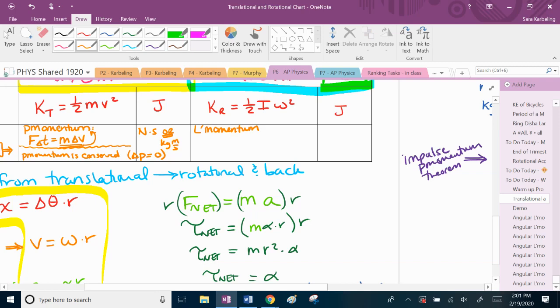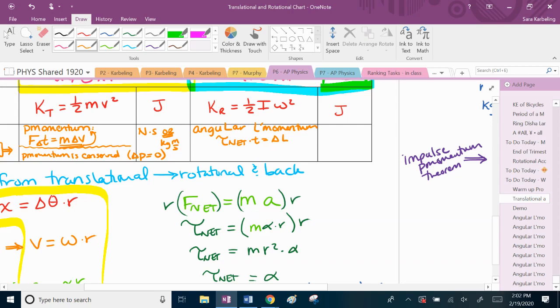So this is angular momentum, and I'm actually going to write it out as angular momentum, just so we don't get confused. So angular momentum changes if you have a net torque acting over a time. It causes a change in angular momentum.